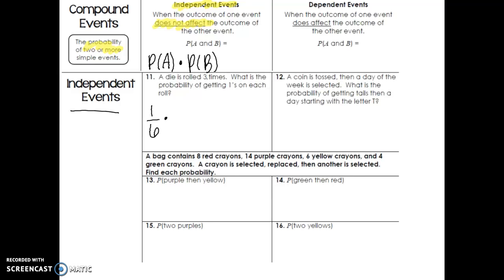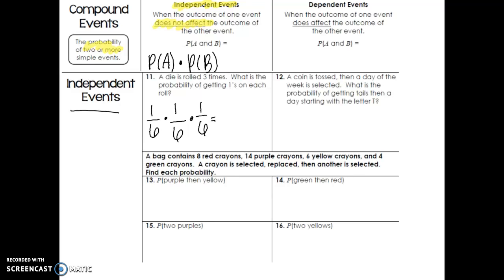So here it is 3 times, so that's my first time. My second time, still nothing changes. That's still going to be a 1 out of 6 chance of rolling a 1. Now for my third roll, again, whatever I got these first 2 rolls, it does not matter. So for my third roll, the chances of me getting a 1 on a die is still 1 out of 6.